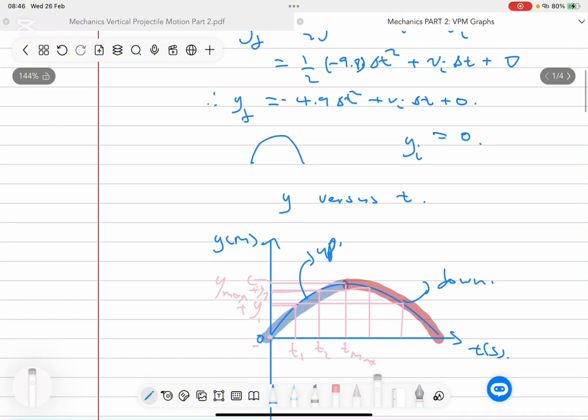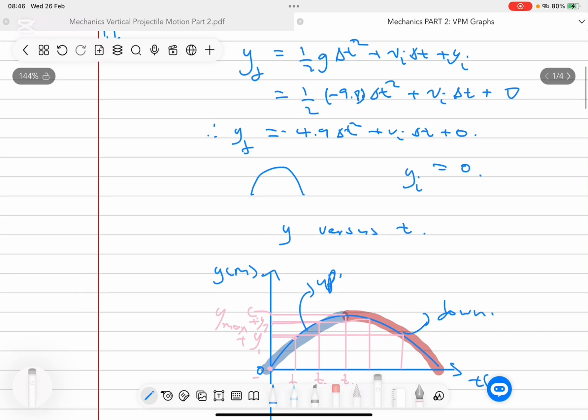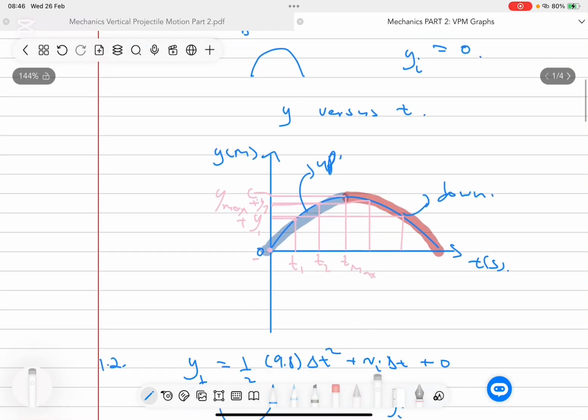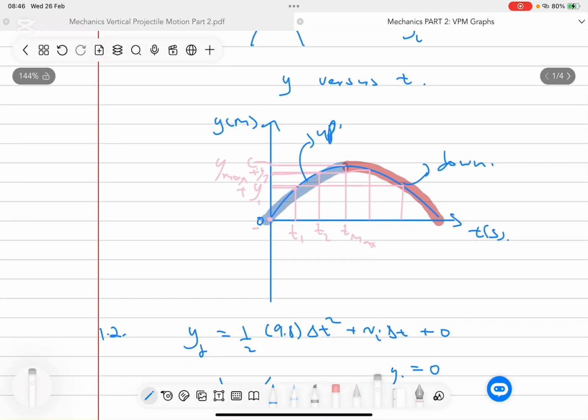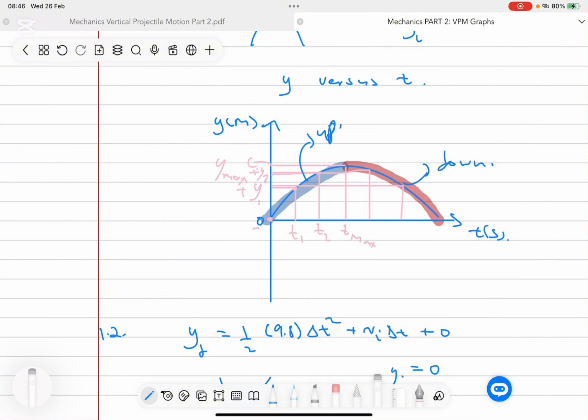If we look at the first graph that we have drawn here, we have said that the time it takes from the point where it is projected vertically upwards to the maximum height is T max, the time at the maximum height.